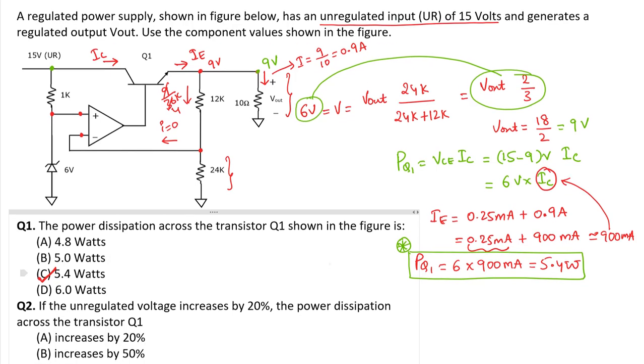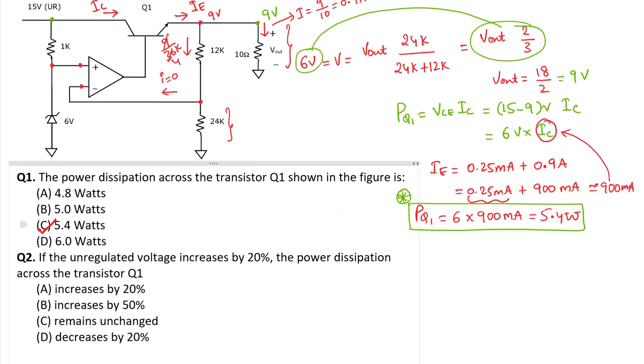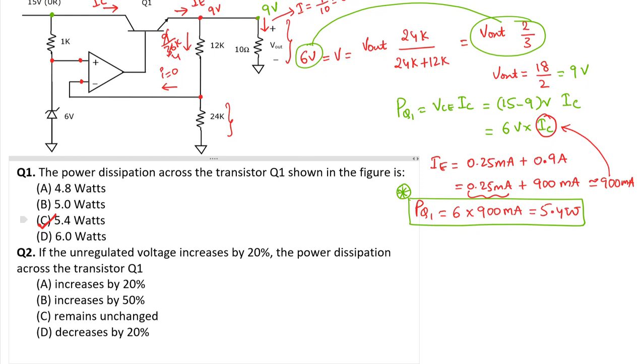Now, let's move on to the second question. The second question is, if the unregulated voltage increases by 20%. So, unregulated voltage as of now is 15 volts. If it increases by 20%, this will result in 18 volts, which is 15 times 1.2. The question is, what happens to the power dissipation across the transistor Q1.